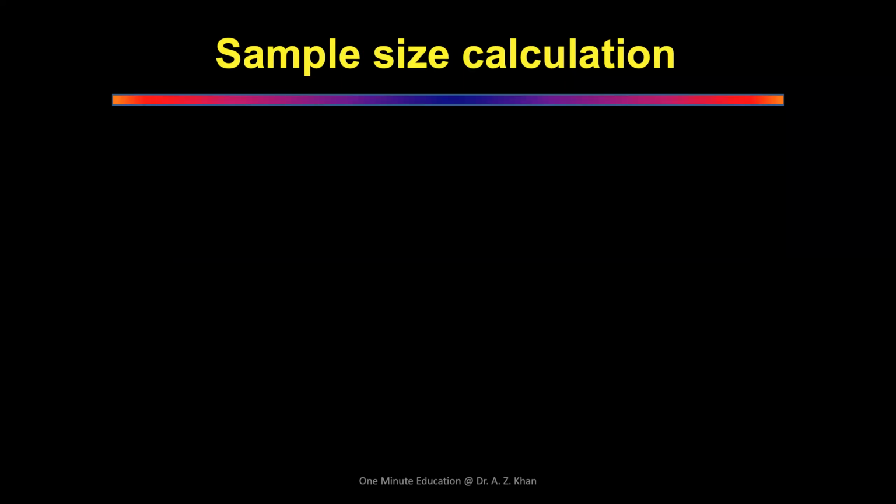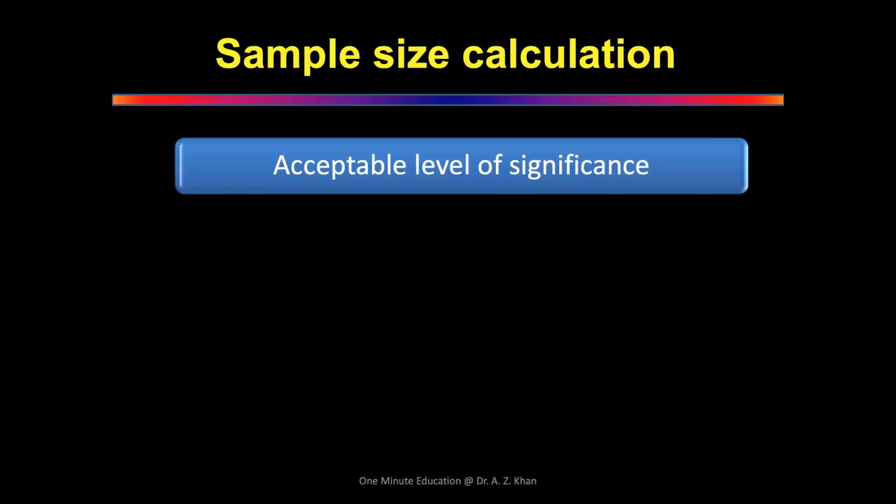So what are the factors you look for when you calculate sample size? One is the prevalence of the disease which we are going to study. Then the effect size of the study, and the power of the test. First, you have to talk about the acceptable level of significance.